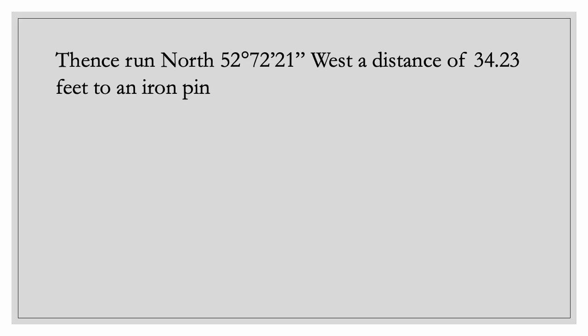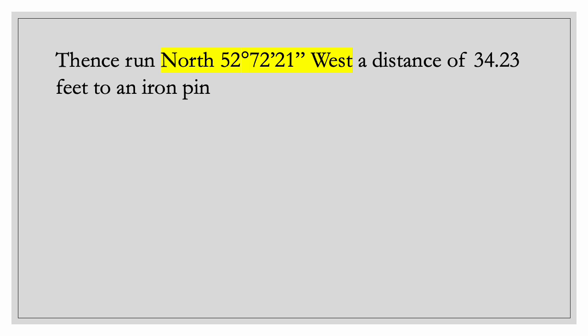So again, when reading this out loud or in surveyor terminology, you would say, thence run north 52 degrees, 72 minutes, 21 seconds west, a distance of 34.23 feet to an iron pin. The thence run indicates continuing from the previous point.